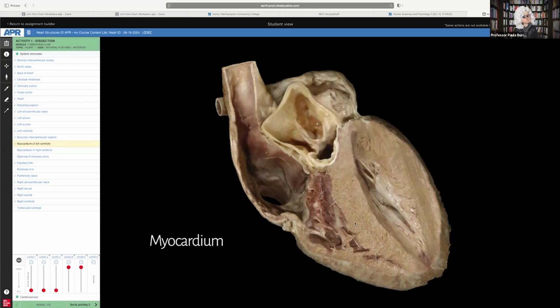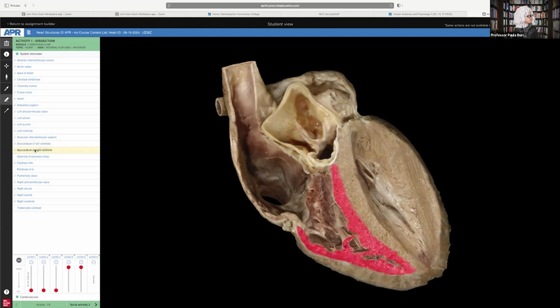This is the interventricular septum, and it consists of this myocardium here. So you can see it looks like muscle. And then lining the chambers, you have the third innermost layer of the heart wall. This is the endocardium, which is continuous with the endothelium of the blood vessels.